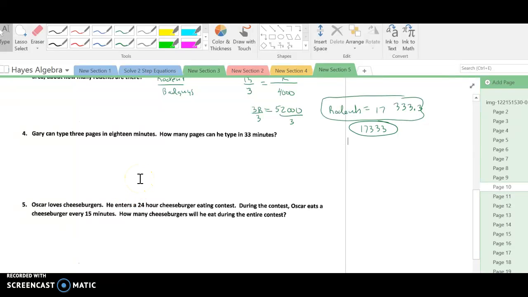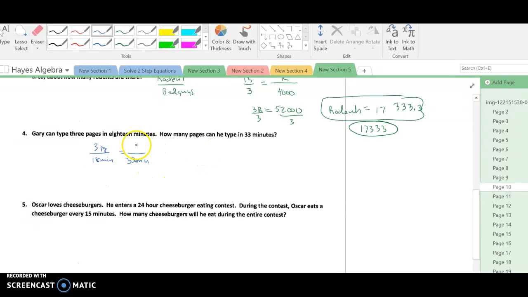Gary can type 3 pages in 18 minutes, so 3 pages every 18 minutes. How many pages can he type in 33 minutes? So when we look at 33 minutes, that goes in the denominator.